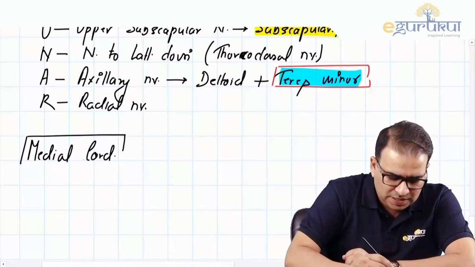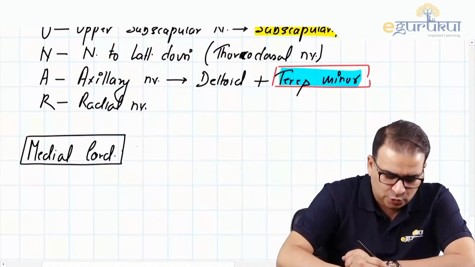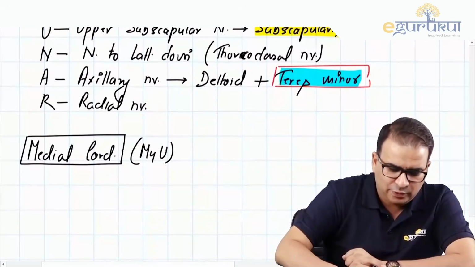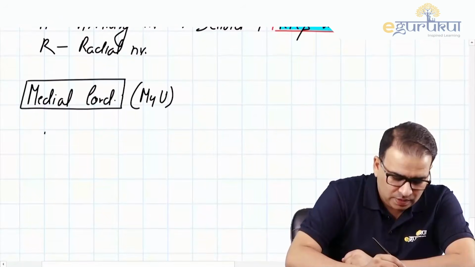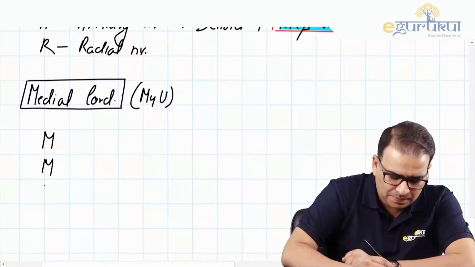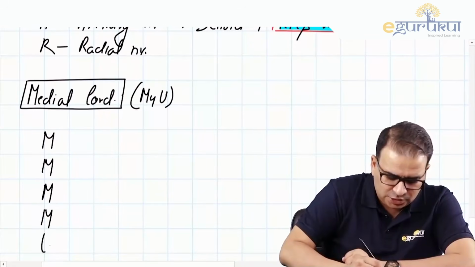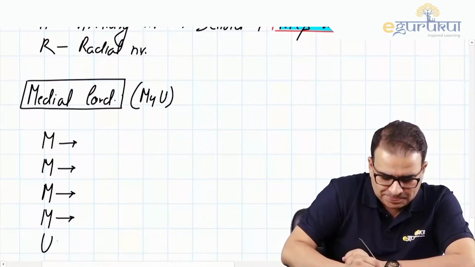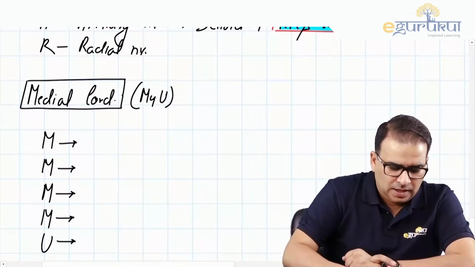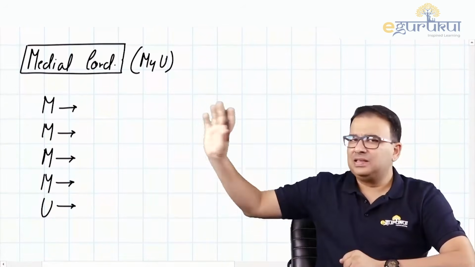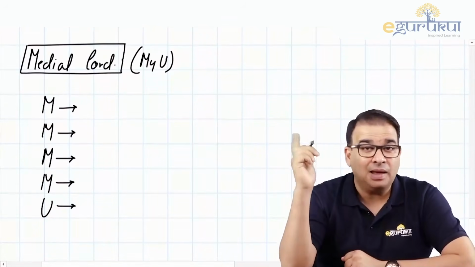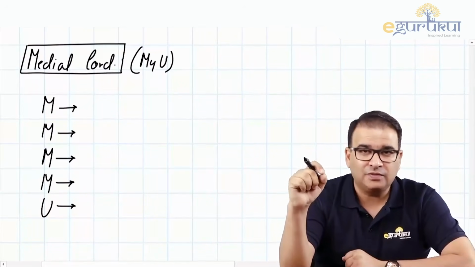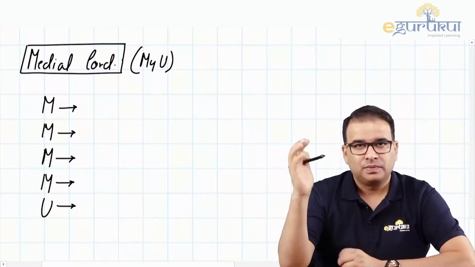And finally, let's come to the branches from the medial cord of the brachial plexus. As we use the mnemonic there, that is M4U. This M4U means there are 4 M's: M, M, M, and M, and there is a U. Two of these M's are very easy to remember, because in LML, in the lateral cord, one was the lateral root of median nerve and one was lateral pectoral nerve.